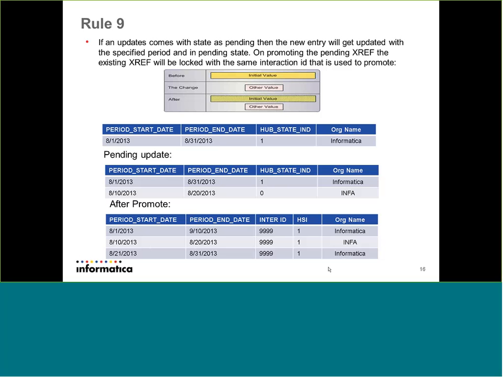It is the same rules from 1 to 8 which will be followed when you promote this pending record. While inserting, it won't consider any of the rules, but when you try to promote, it will apply all the rules from 1 to 8.